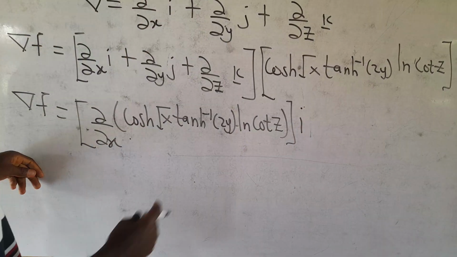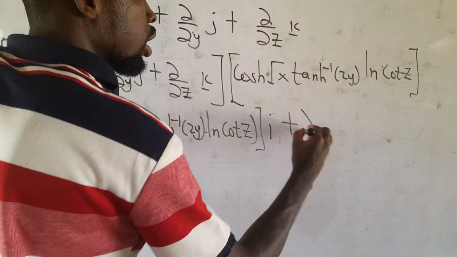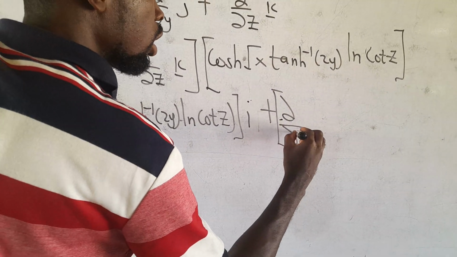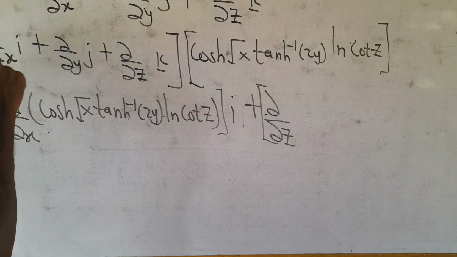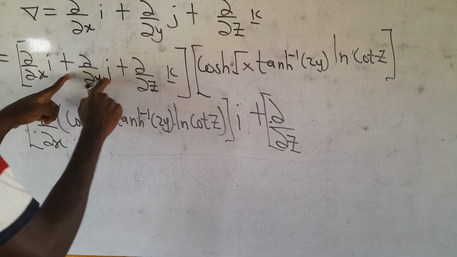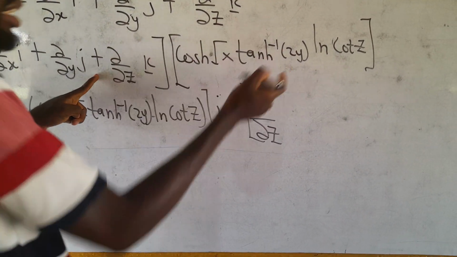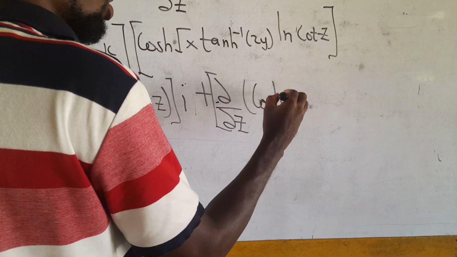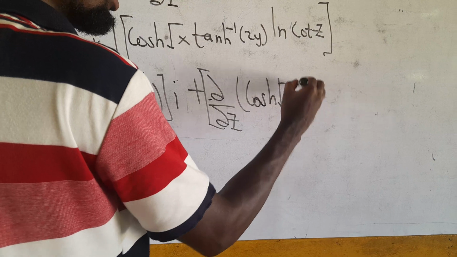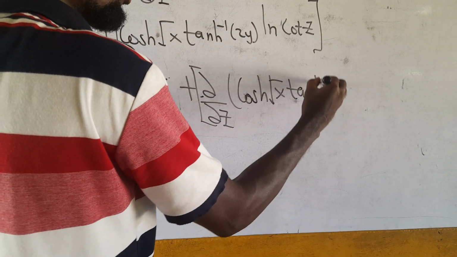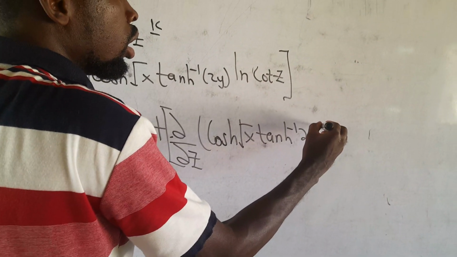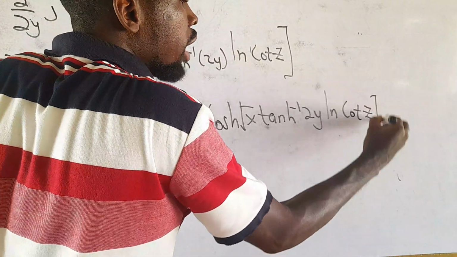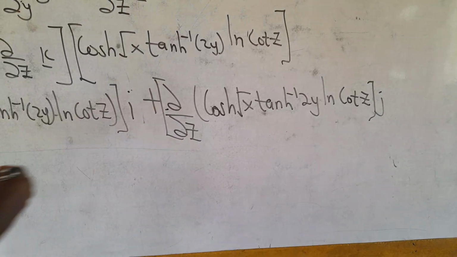that's in the i direction, then plus ∂/∂y, so this times this plus this times this, then plus this times that. That's all we are doing. Then plus cosh root x tan inverse of 2y ln cot z, and that is in the j direction.